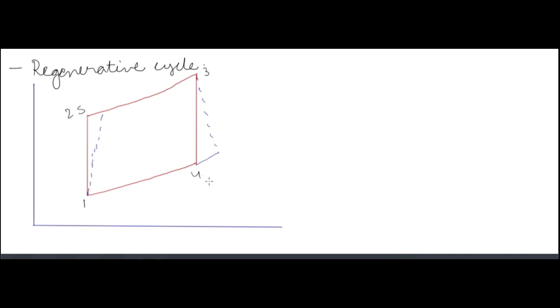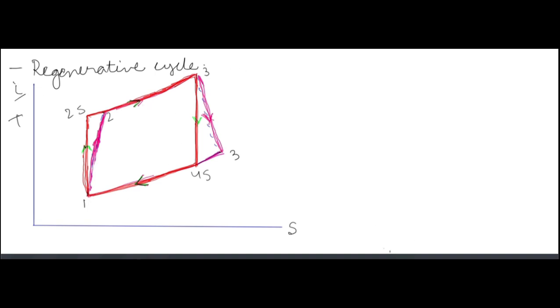Now we will see the regenerative cycle. In this regenerative cycle you would see that expansion and compression, as we have seen, is always a reversible adiabatic, that is, isentropic process. But it may not be a reversible adiabatic, it may be a reversible polytropic process.